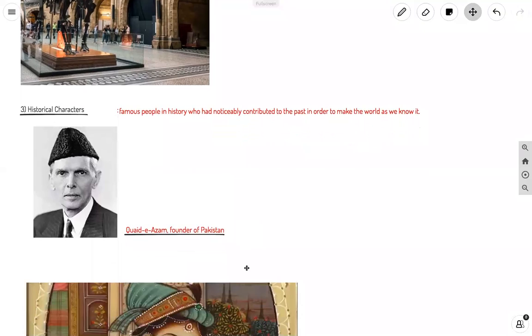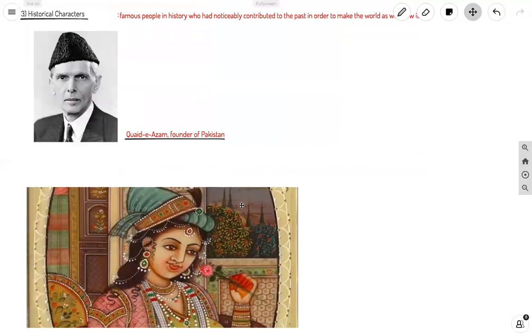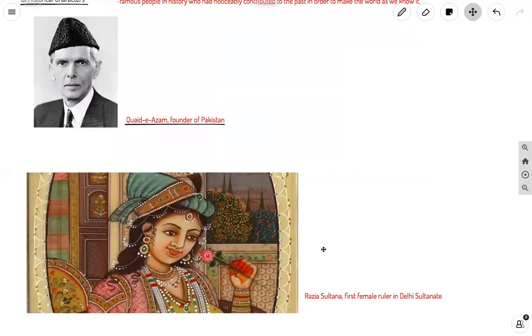And if you want to go a little further back in time, then you can also talk about Razia Sultana. So she was the first female ruler in the Delhi Sultanate. And at that time, it was taboo. It wasn't really acceptable.